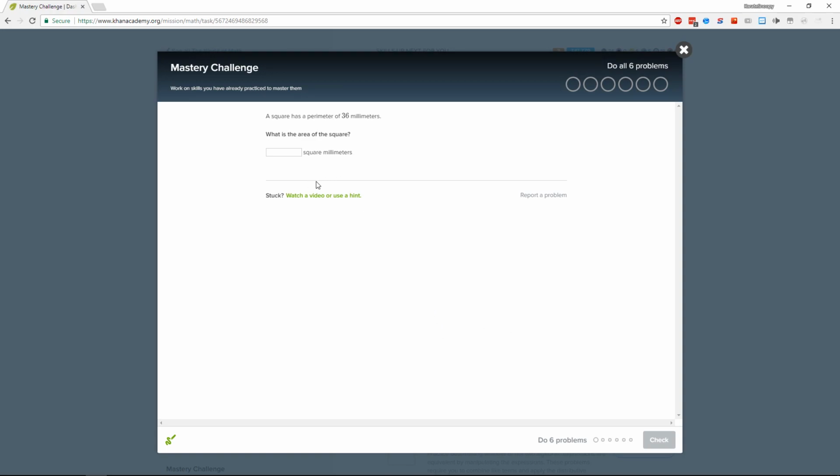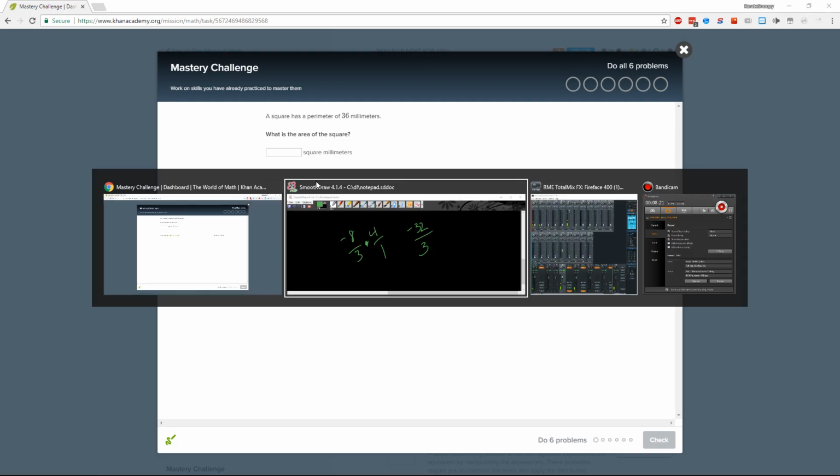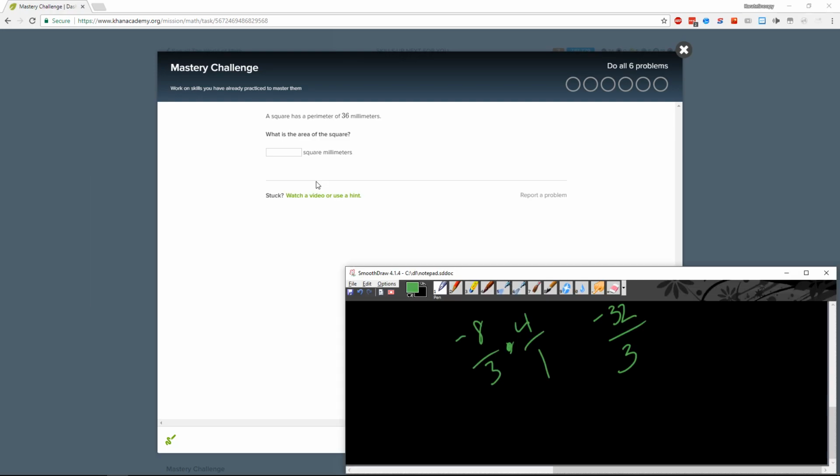A square has a perimeter of 36 millimeters. What's the area? So if its perimeter is 4x equals 36. So x equals, what is it, 4 or 8? I mean, 8 is 16.